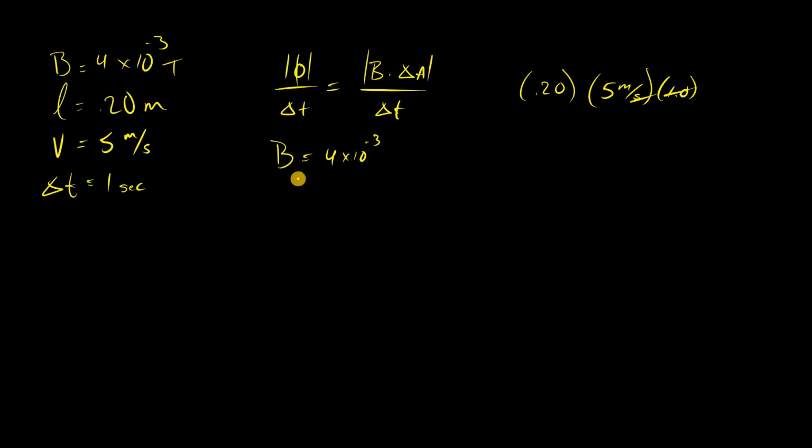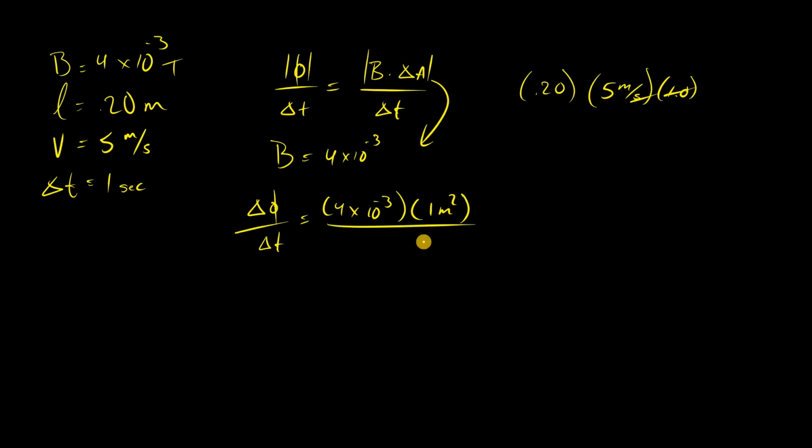Moving on. So we got 0.20 times that. From there you're going to say that your delta phi over delta T is equal to your B field, 4 times 10 to the negative 3 Teslas. I'm taking this from up here now. Times the 1 square meter, that's the 5 times 0.20, which is 1 meter squared, and that is 1 sig fig.